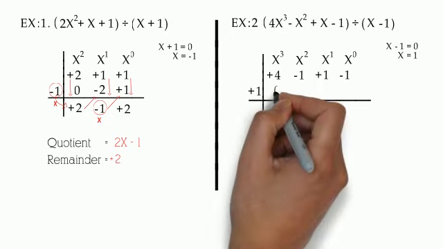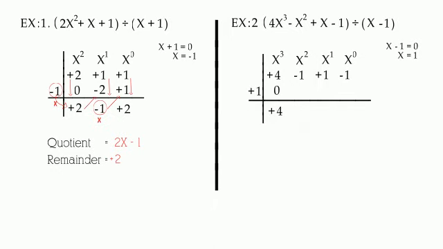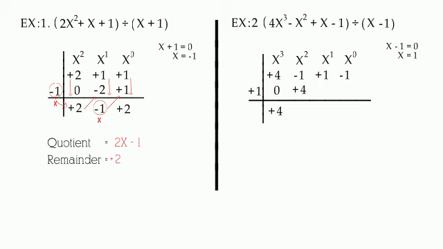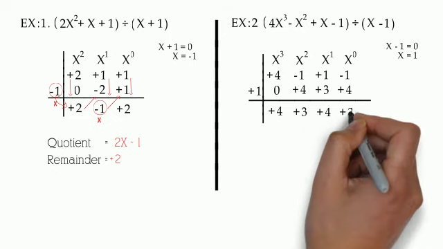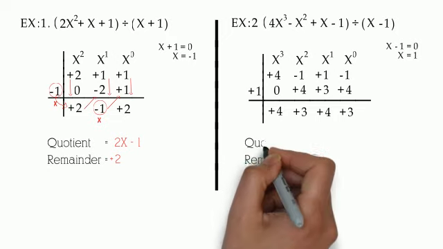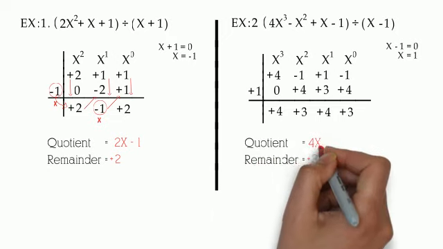We add a 0, add them up, then multiply +1 and +4 and write +4 here and add them, we get +3. Again we multiply +1 and +3 and we write +3 here. We add them, we get +4 and we do it one more time. So the last term is the remainder +3 and the quotient is 4x squared plus 3x plus 4.